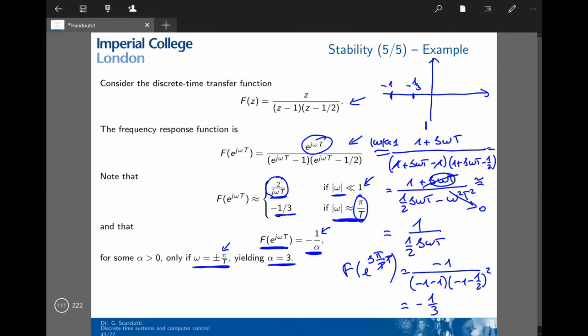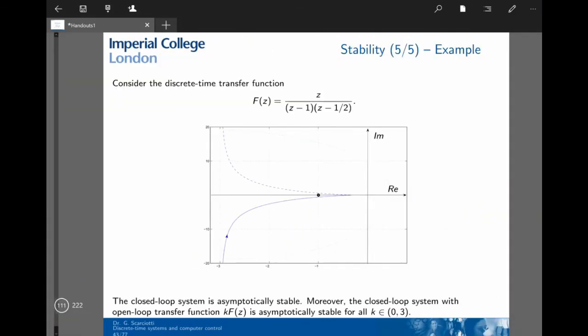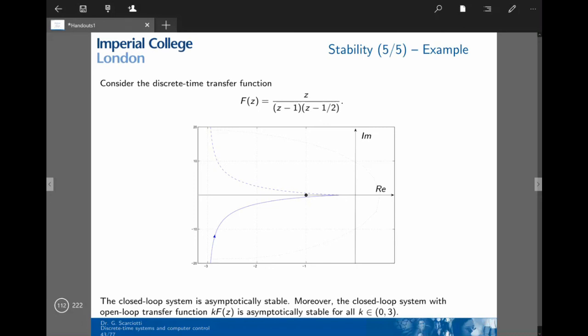So it means that the diagram starts from over here, close to minus 90 degrees and close to the real axis 0. And then we know that the diagram will meet the real axis in minus 1 over 3, so over here. And we know that there are no other intersections with the real axis. So we know that the diagram will do something like this. We do this in MATLAB, and actually we see that this is the case, so that the behavior is as expected. So this will continue as we sketched it.